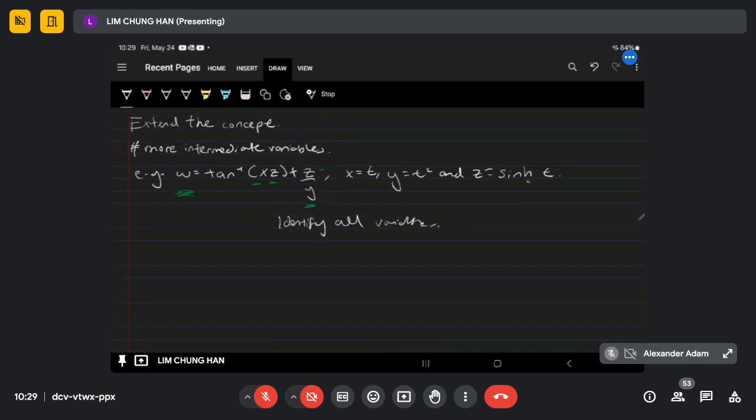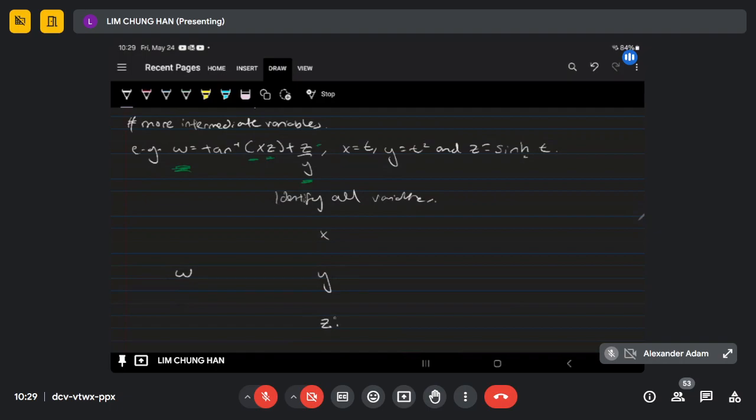Instead of 2, you have 3. You have x, y, z. And then what is the dependent? x, y, and z are all related to what? All related to t. Correct.